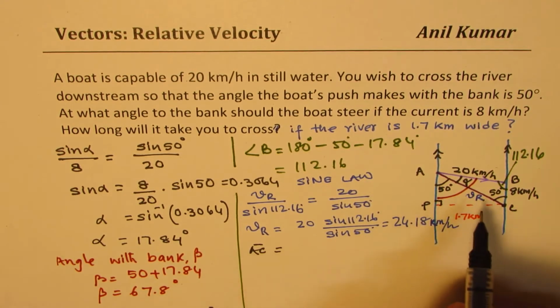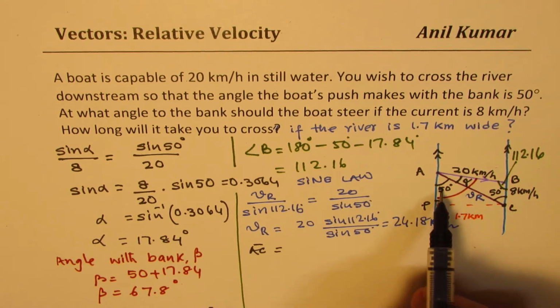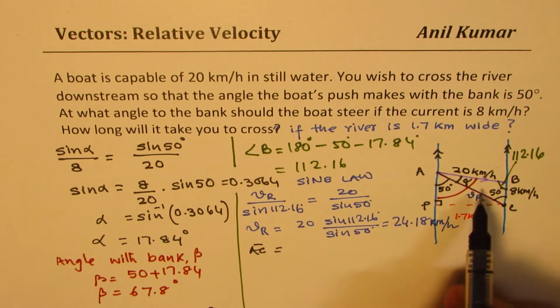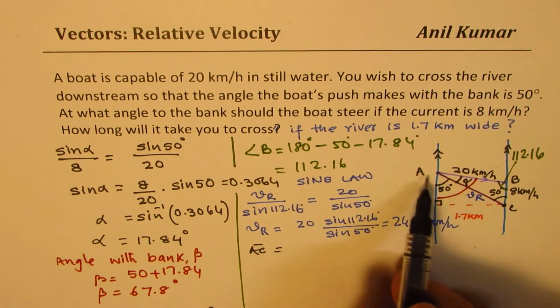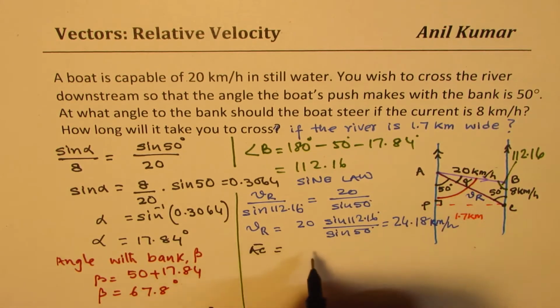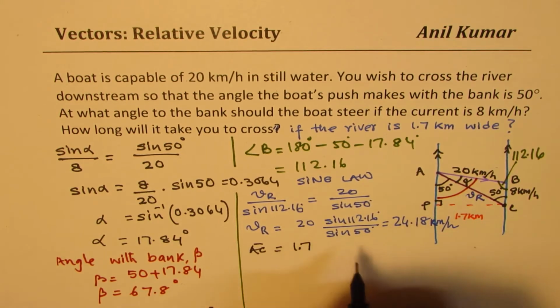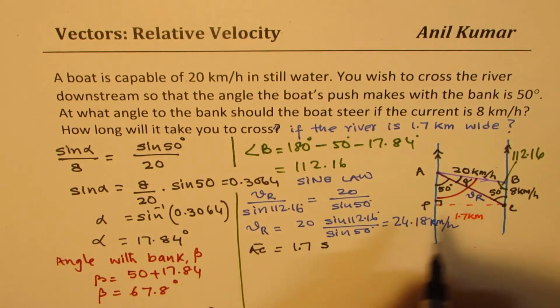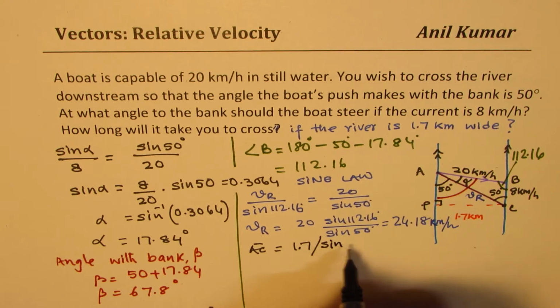So we can say sine of 50 is 1.7 over VR, right? So VR, which is AC, is equal to 1.7 divided by sine of 50 degrees.